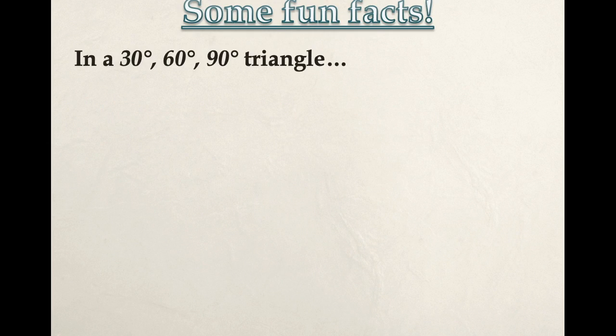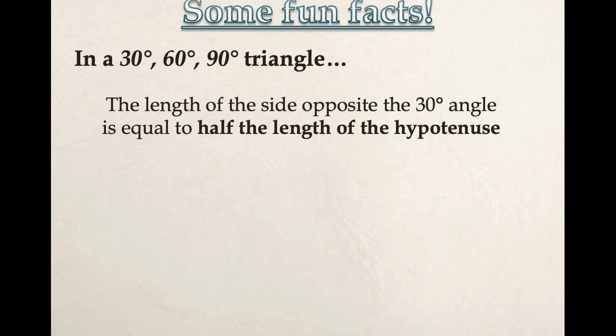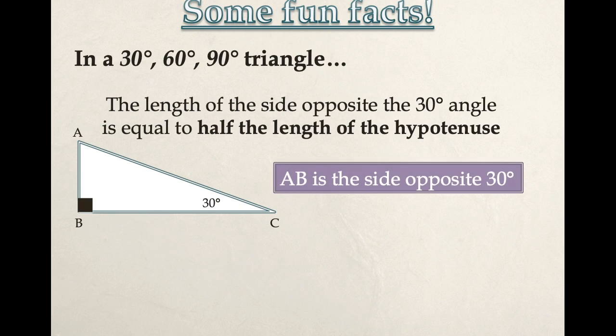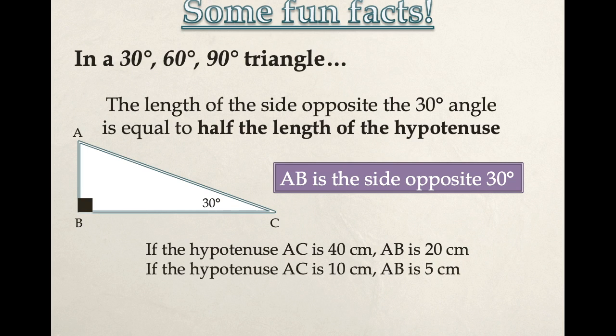Some fun facts though to conclude this lesson: if you have a 30, 60, 90 triangle, it's really interesting to note that the length of the side opposite the 30-degree angle is always equal to half the length of the hypotenuse. So what do I mean by that? So here's a 30, 60, 90 triangle, and AB is opposite 30. If the hypotenuse AC is 40, then AB, the side opposite 30, is half of 40, which is 20.